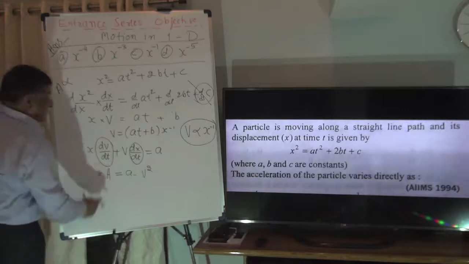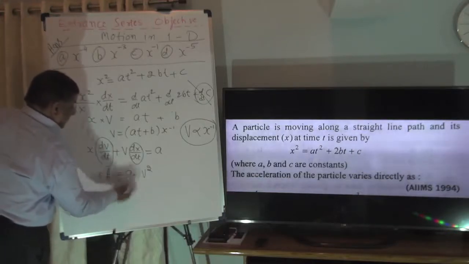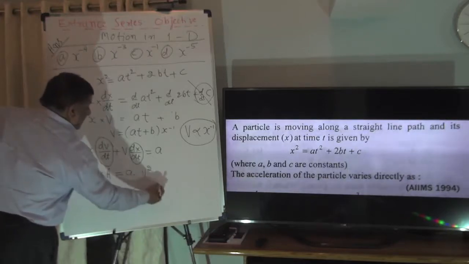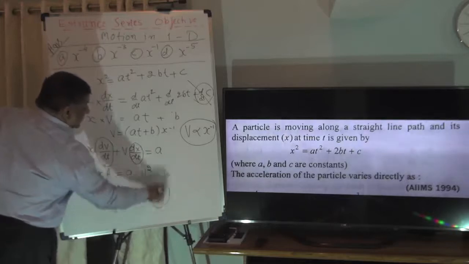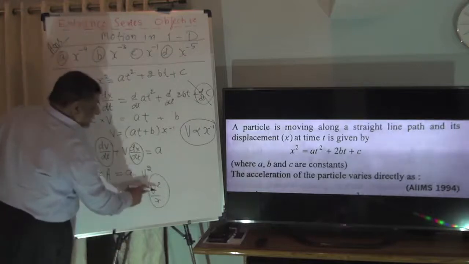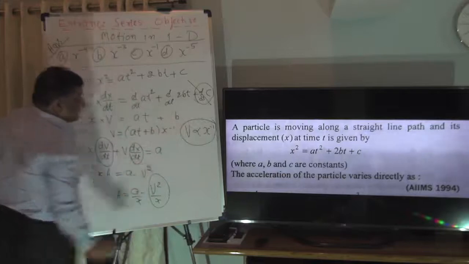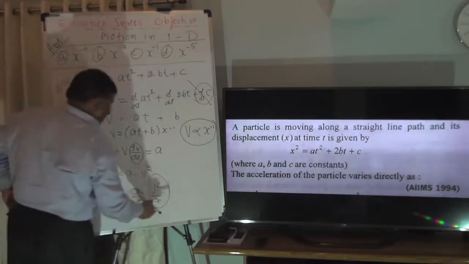Now acceleration is equal to a constant and v square upon x. Look for this quantity, v square upon x. Look at this v square. v is proportionate to x to the power minus 1, so v square is proportionate to x to the power minus 2.